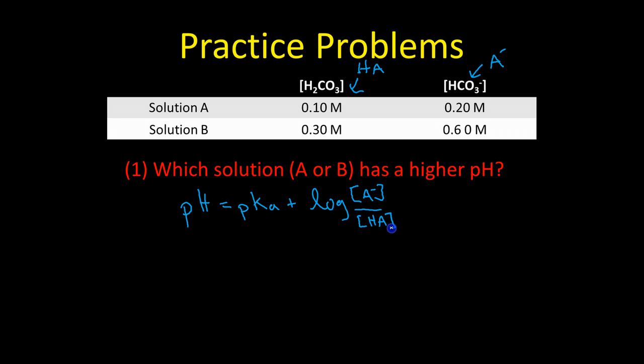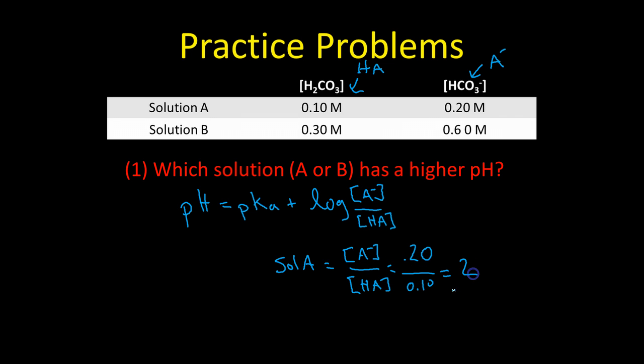We don't even need to know what the pKa's are to know that these are going to have the same pH. For solution A, our base over our acid is 0.2 molar to 0.1 molar.